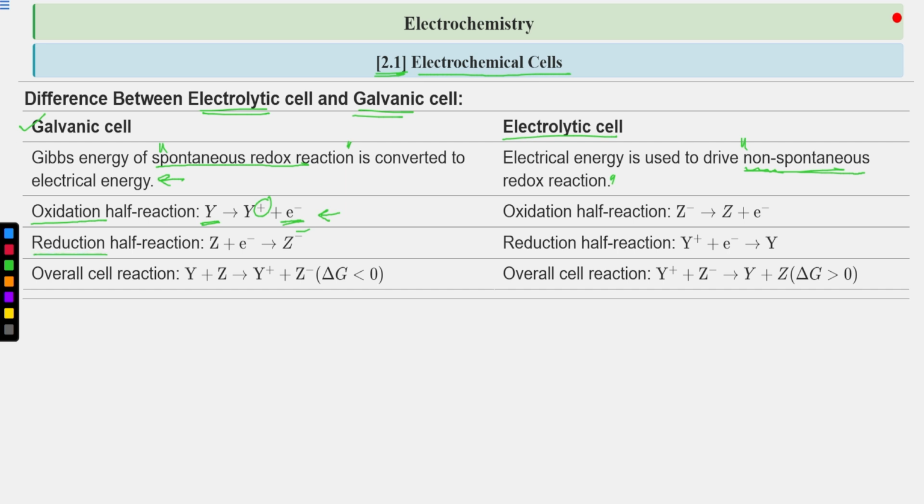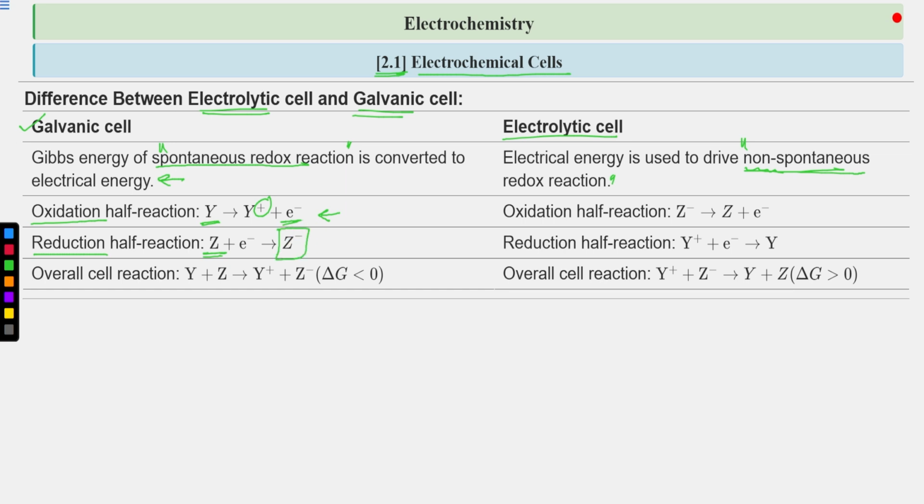The next is the reduction half reaction. Let's suppose we have an element Z other than Y. One electron is added to Z to convert it to Z negative. Let me erase the extra things. Okay, so here we have Z negative.